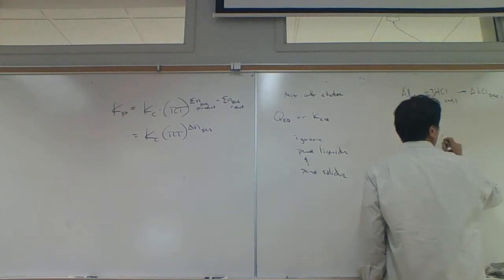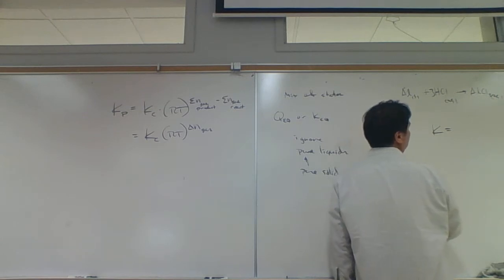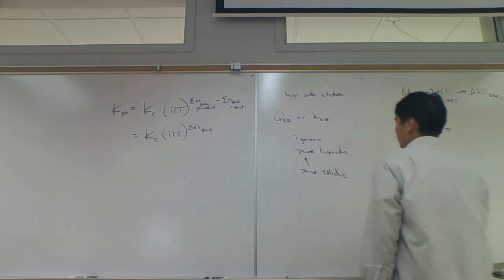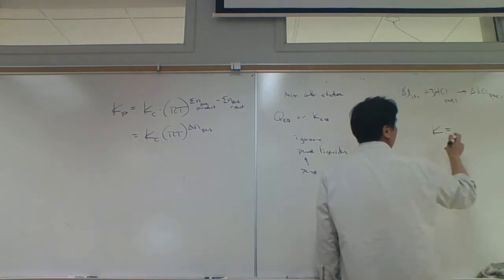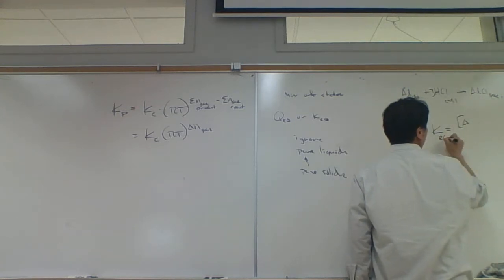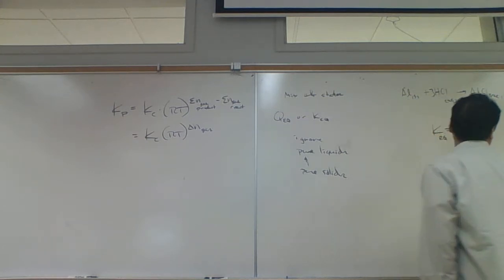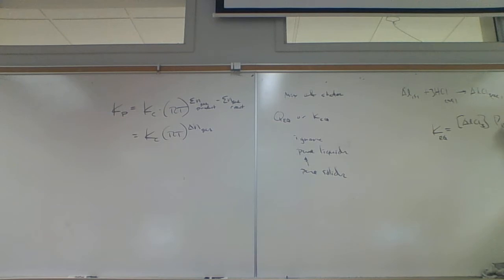And now when I look at the K or the Q, the K here is going to be this. If I have aqueous solutions, I use the concentration. And so this is for KEQ. And so AlCl3, I'm going to use the concentration. If I have a gas, I'll use the partial pressure. H2 gas, this is going to be raised to the 3/2 power.